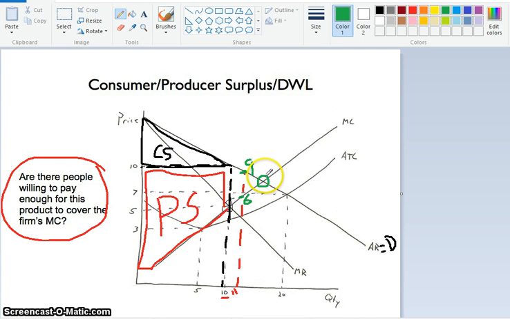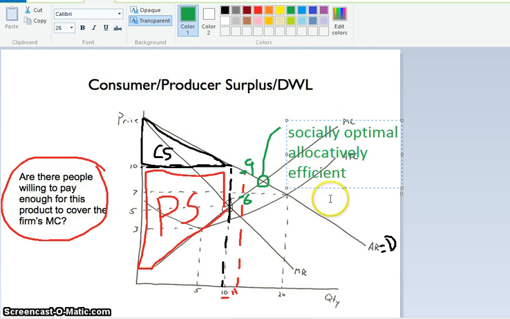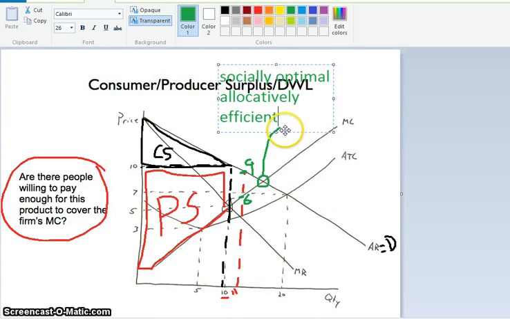This would be the equivalent of your free market level of output. So this is, let me write this here, socially optimal or allocatively efficient. I'm going to move this actually, so it's not still in the way.